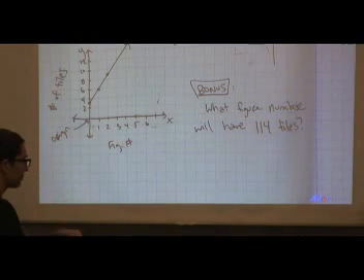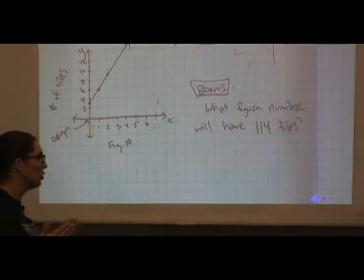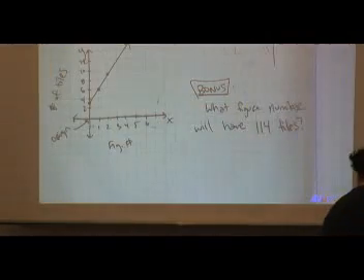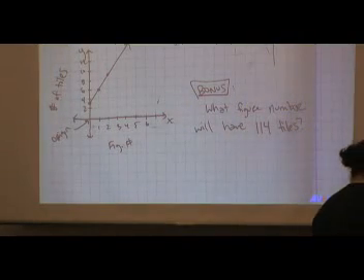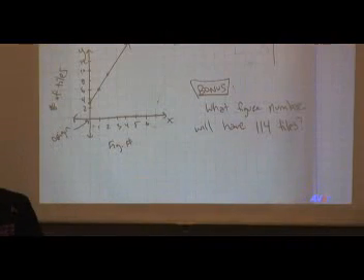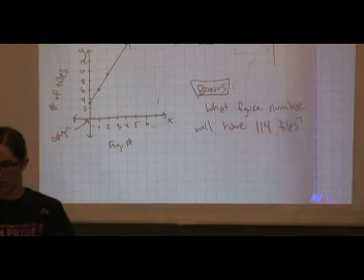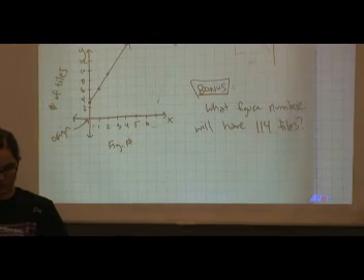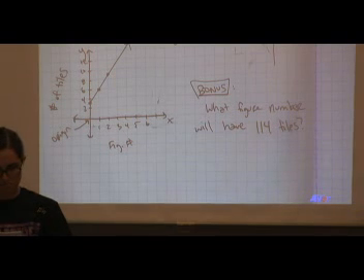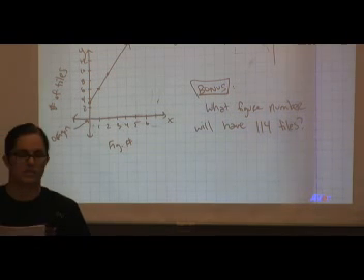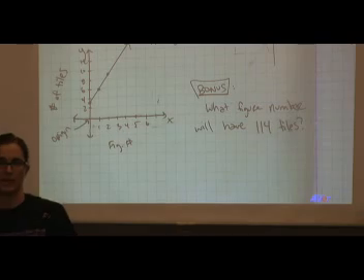Okay, awesome. So here's the deal. We're getting ready to take our first quiz. We're getting pretty close to the end here of linear functions. We're going to spice things up a little bit today.